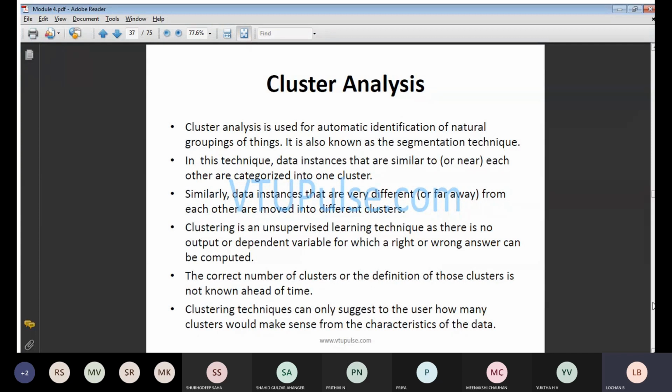In this technique, the data instances that are similar are categorized into one cluster. For example, I told you that we can take the nearby college, SVC, as one centroid point. Around the centroid point you may find nearby ATMs or bakeries, all those things. So you will be forming one particular group which is nearer. If you go to Vidyanagar cross also, you will get ATMs and banks, so you make one more group.